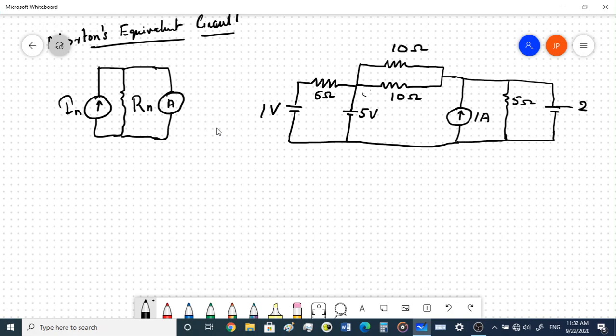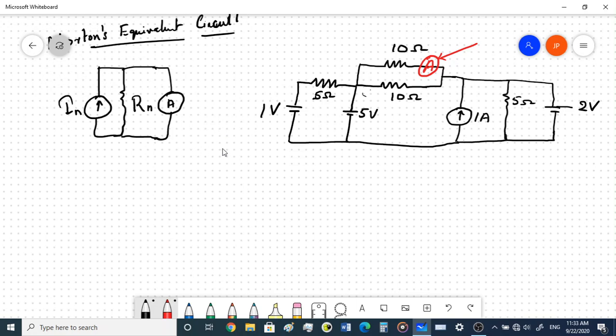of 2 volts. Right now, let's take a random branch onto which you want to put an ammeter, and let's say you want to put an ammeter in this branch. Let's find what would be the error with respect to the resistances of this particular ammeter over here.